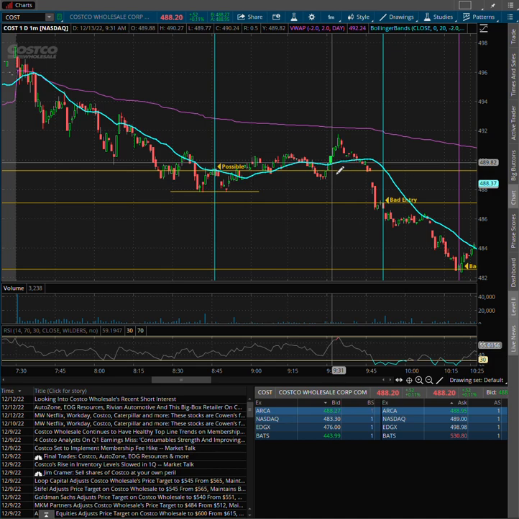The price of the stock will go, the VWAP will start to go up if there is an increase in volume and an increase in price.